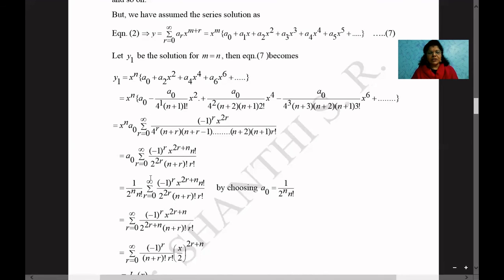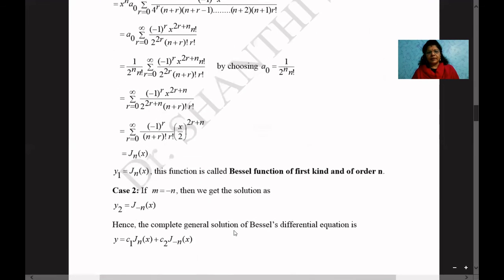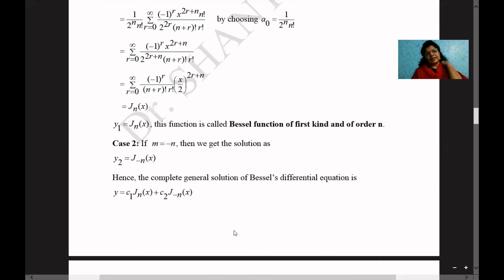Sigma r is equal to 0 to infinity minus 1 power r x power 2r plus n, the n factorial having cancelled with this. And this 2 power n into 2 power 2r is 2 power 2r plus n. I'm adding the power of 2r plus n, n plus r factorial into r factorial. Correct? That is what we have obtained.